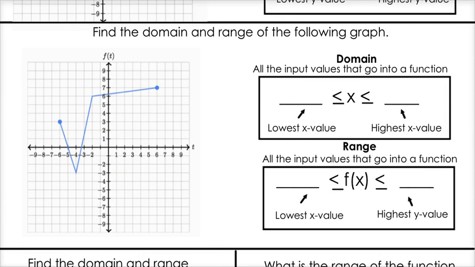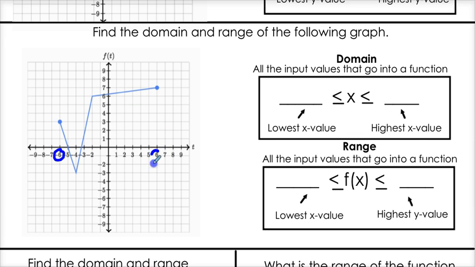Now, I suggest pausing the video and seeing if you can do this by yourself, but you can watch if you want. Let's try to find the domain of this graph first. We go to the lowest x value, which is over here, right? That would be at -6. And the highest x value, if you keep going, stops here.